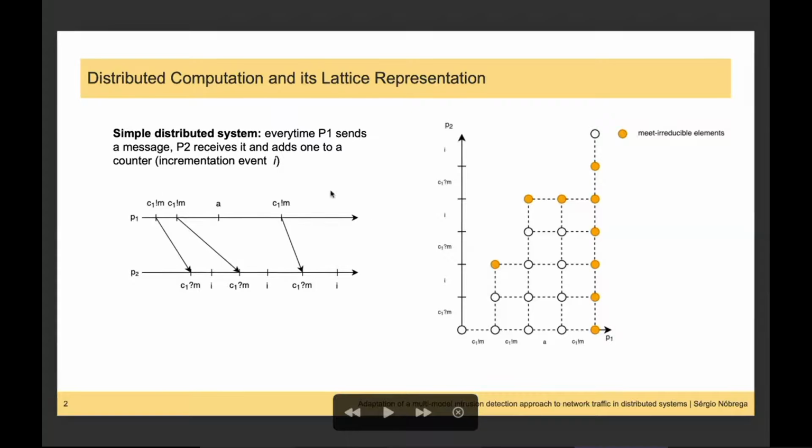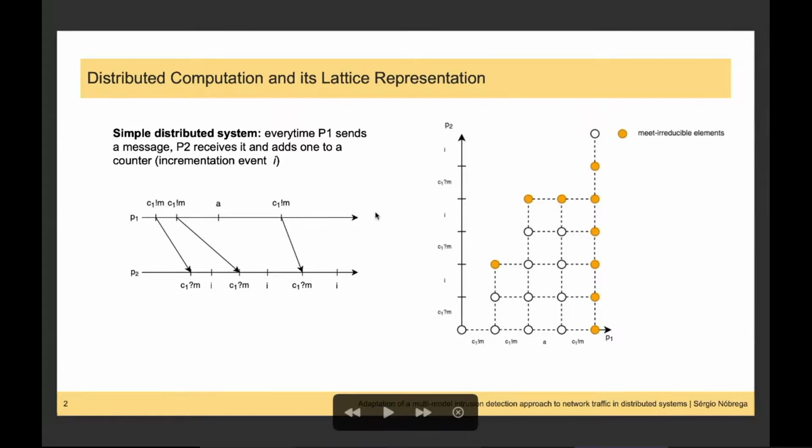The first process basically only sends a message M through channel 1, and every time process 2 receives the message, it launches a process that increases a counter. So process I is basically a counter for all the messages it has received from process 1.